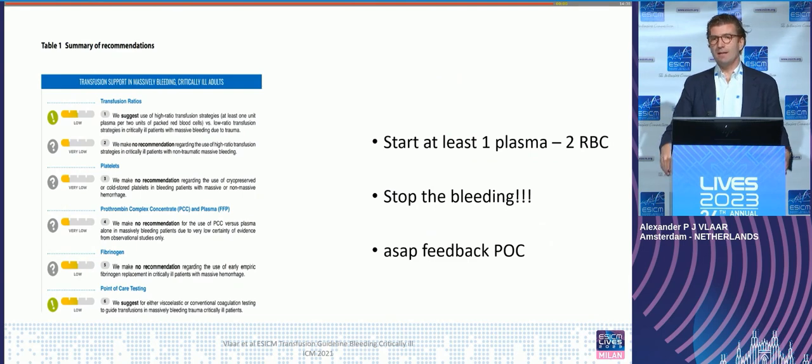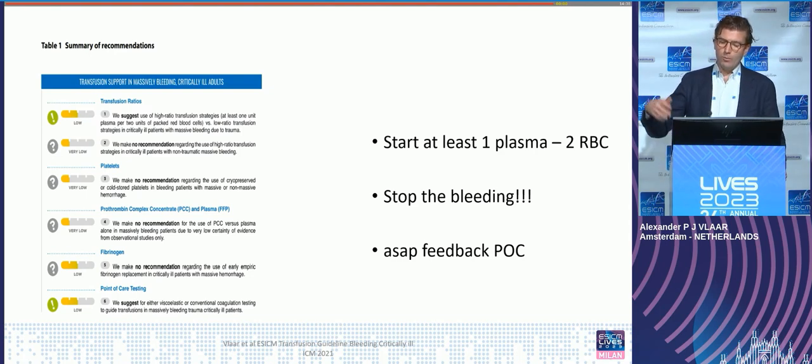In the acute setting, and we also mentioned there the massive bleeding, because an acute non-massive bleeding, well, it's a bit strange wording. If we really have this massive bleeding, we say start at least one plasma with two red blood cells. But of course, the most important thing is to stop the bleeding.